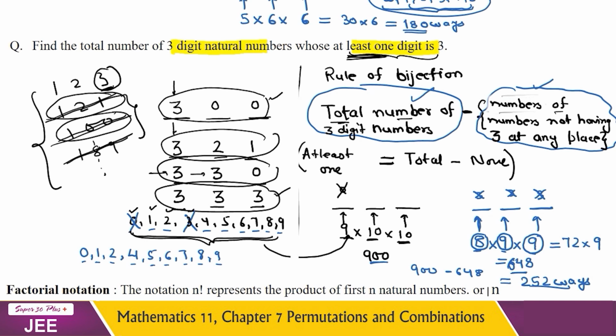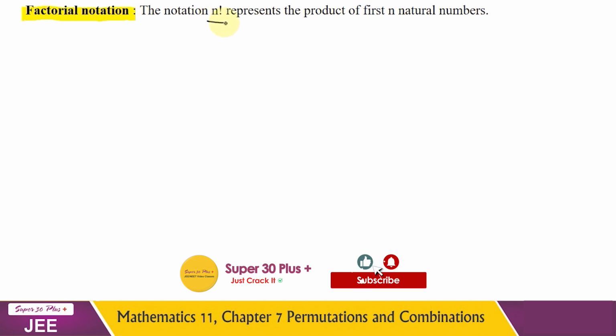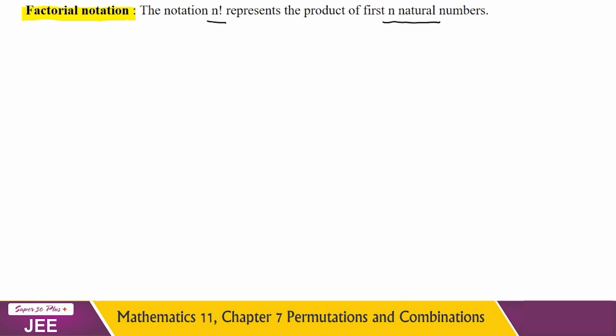Now we have to understand a very important notation, that is factorial notation. The notation n factorial represents the product of first n natural numbers. Alright, n factorial, students, simply means, if I write n factorial, this is equal to product of first n natural numbers.